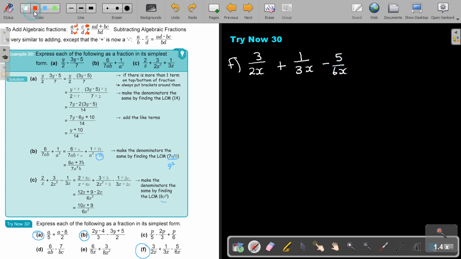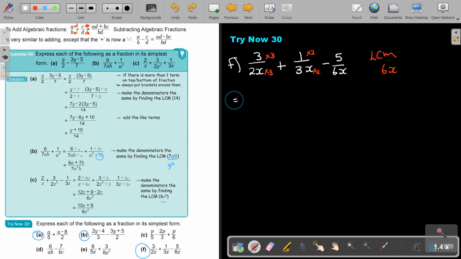And again, what will be my LCM? It will just be 6x. So I'm going to multiply: 6x divided by 2x is 3, 6x divided by 3x, multiply 2, 6x divided by 6x, just multiply 1.